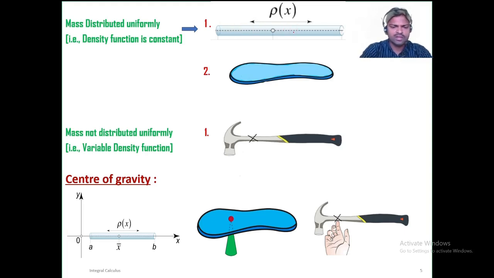For example, I am taking a small unit area here, and the mass located here is exactly the same as the mass located here. Wherever you take a unit area, the mass in this portion is exactly similar to here. That means, indirectly, the mass is distributed uniformly.